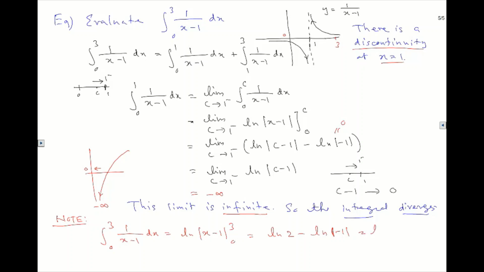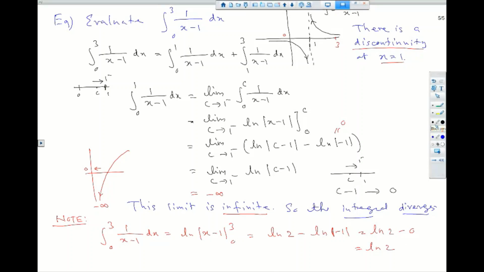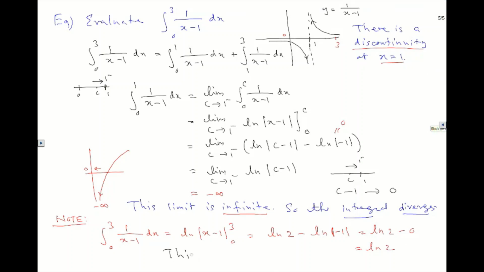So you're gonna get ln 2 minus 0. So that means this is ln 2. You can see that you get a completely wrong answer. So I should say that this answer is wrong.